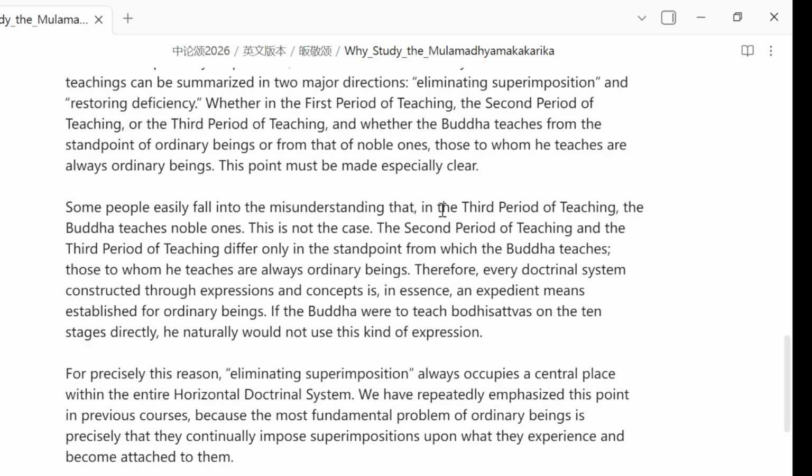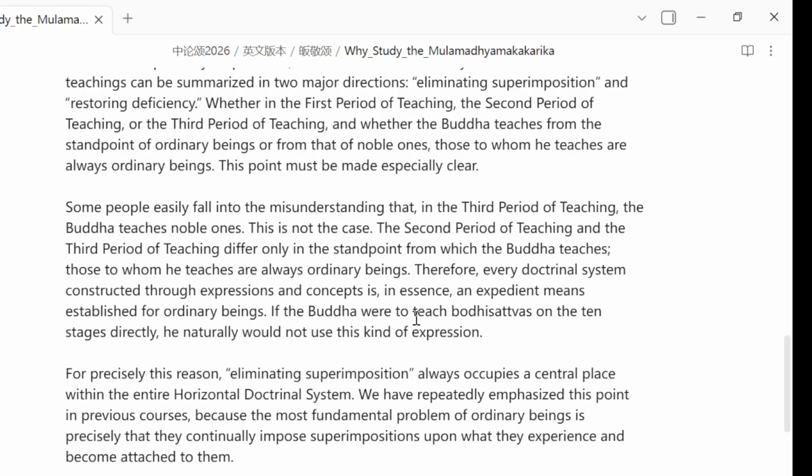Therefore, every doctrinal system constructed through expressions and concepts is, in essence, an expedient means established for ordinary beings.